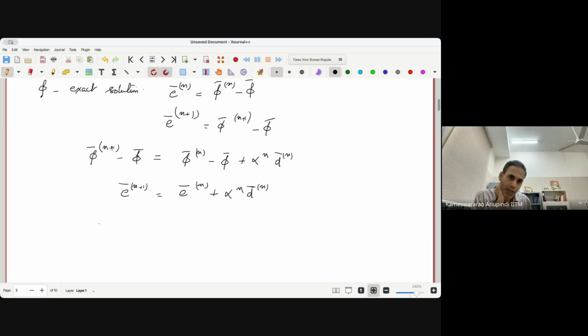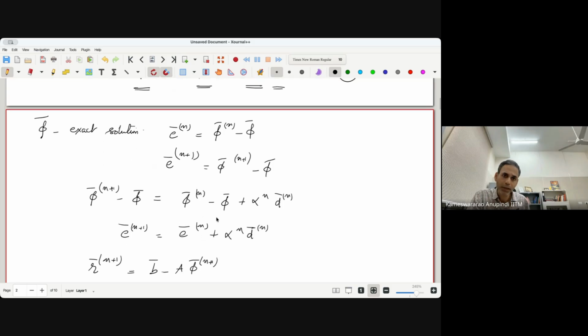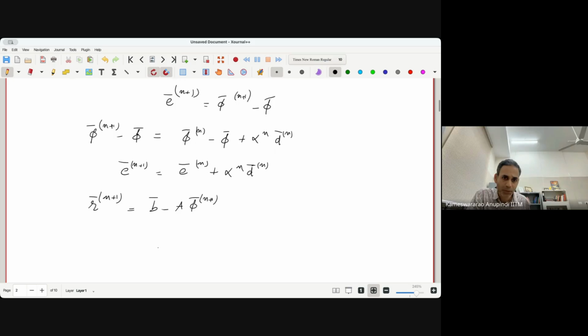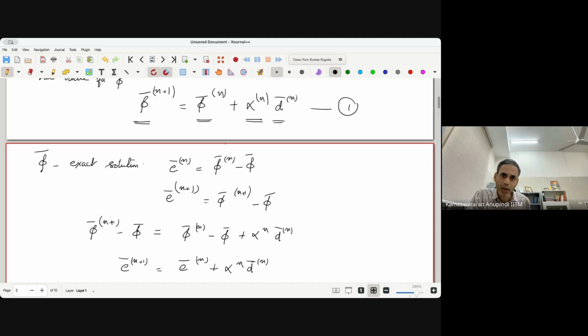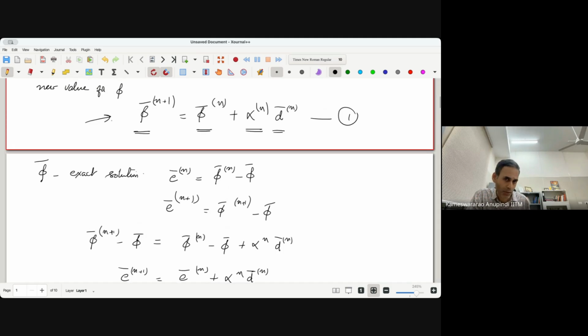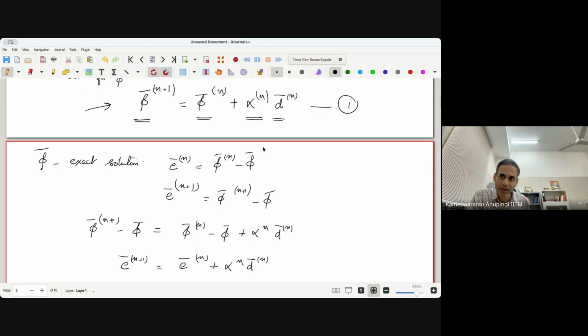I can also calculate what is residual. Residual at time level n plus 1 is equal to b minus A times phi n plus 1. From equation 1, I have phi n plus 1 equals phi n plus alpha n dn.